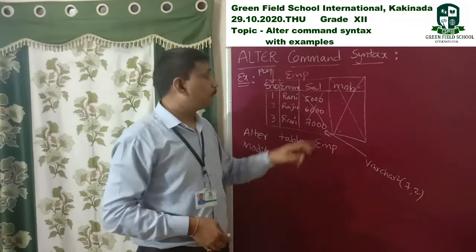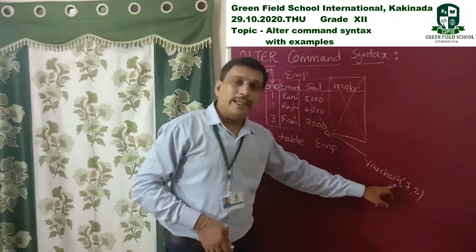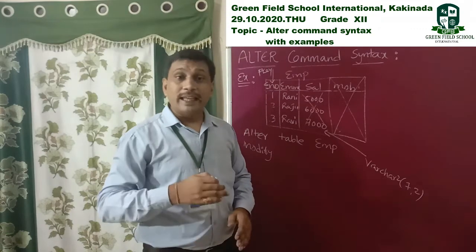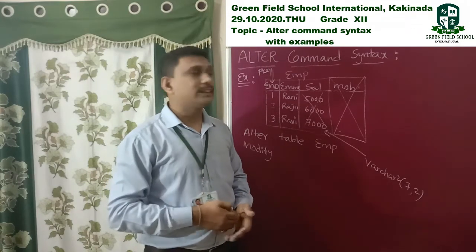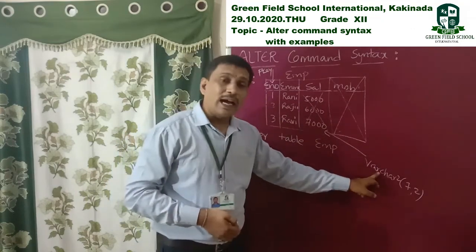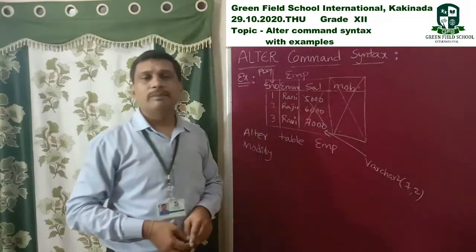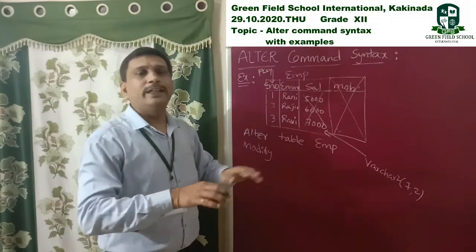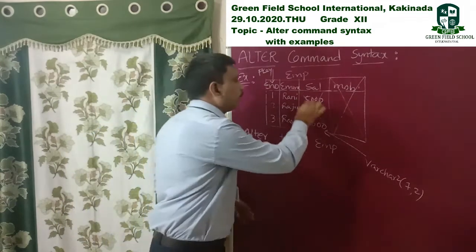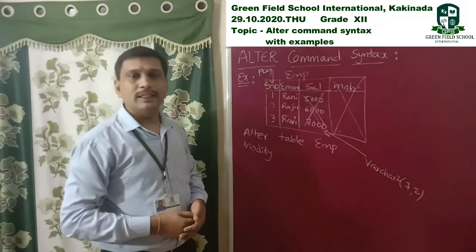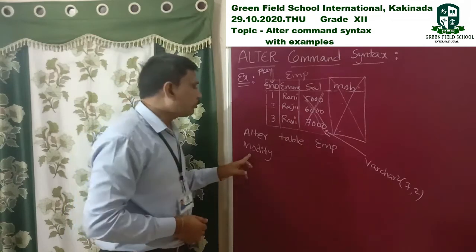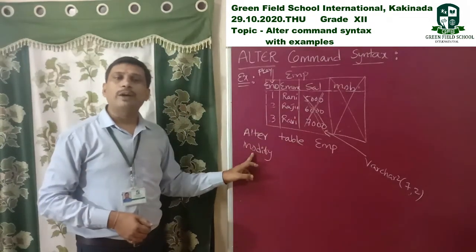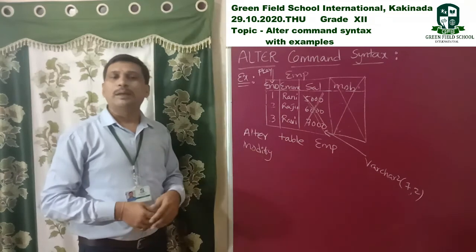Why? Because up to now it takes varchar2(7,2), and I want to change the data type or its size. Suppose I have already removed this data from the database table. Then I go for the alter command with the modify option.